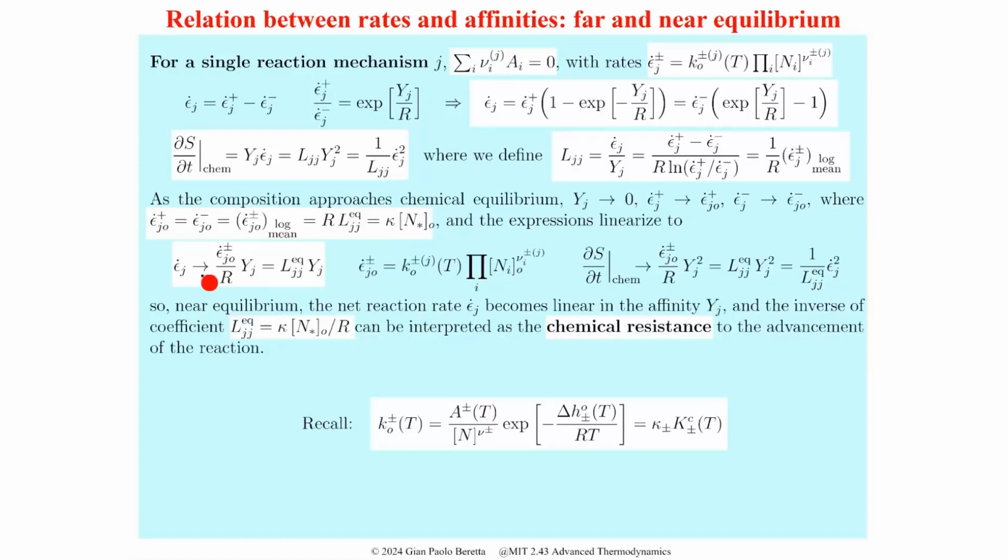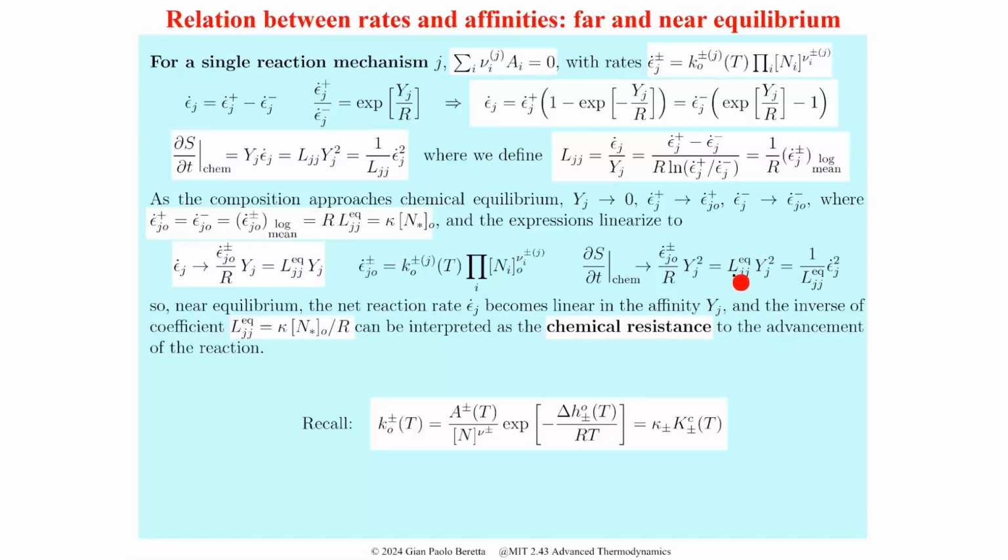And if we substitute this linear relation in the expression for the rate of change of the entropy, which for a closed system is also the entropy produced by irreversibility, so it has to be greater than 0, you see that it becomes the square.